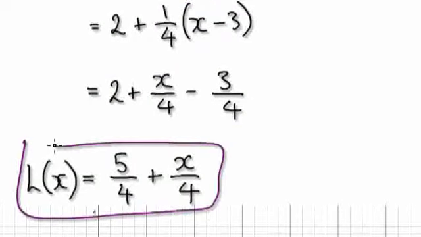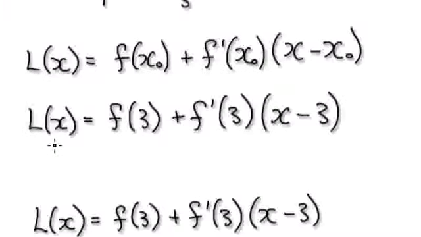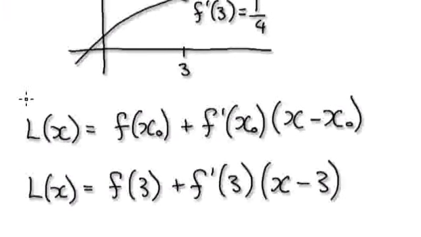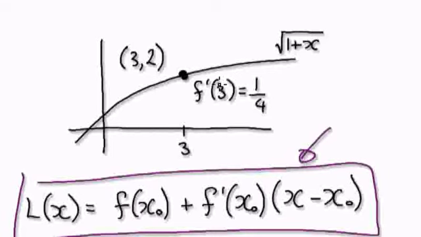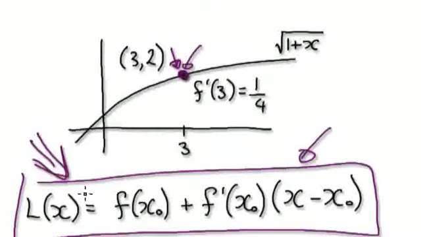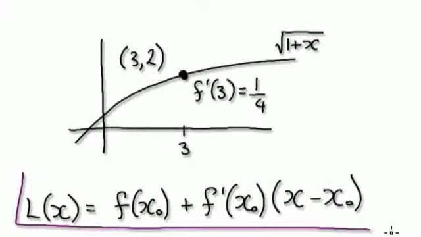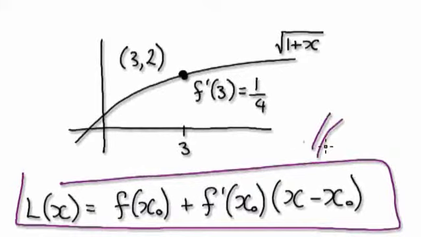The thing that makes it complicated is this bit here. It looks really complicated, but all you need to know is the gradient at this particular point and the coordinates at that particular point. Then you can work out the equation of that tangent line. It looks complicated, but it boils down to just finding the equation of that tangent line.